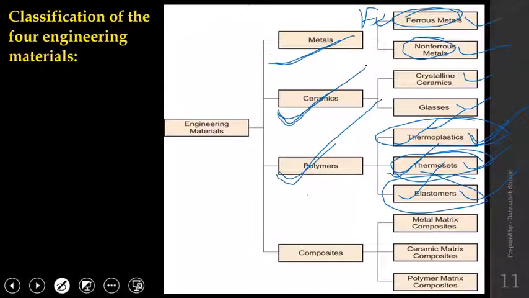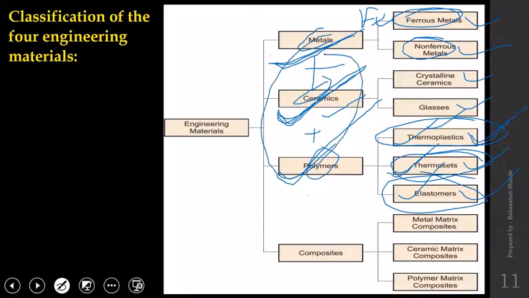We know that ceramics are chemically inert, but you cannot expose ceramics to loading other than compressive. For compressive loading, ceramics are best, but for other loading, ceramics are not going to work. For that, we need to go for metal. So for such a scenario, we need to combine these materials together, either metal plus ceramic, ceramic plus polymer, or any combination. And if you combine these materials together, you will get a composite.